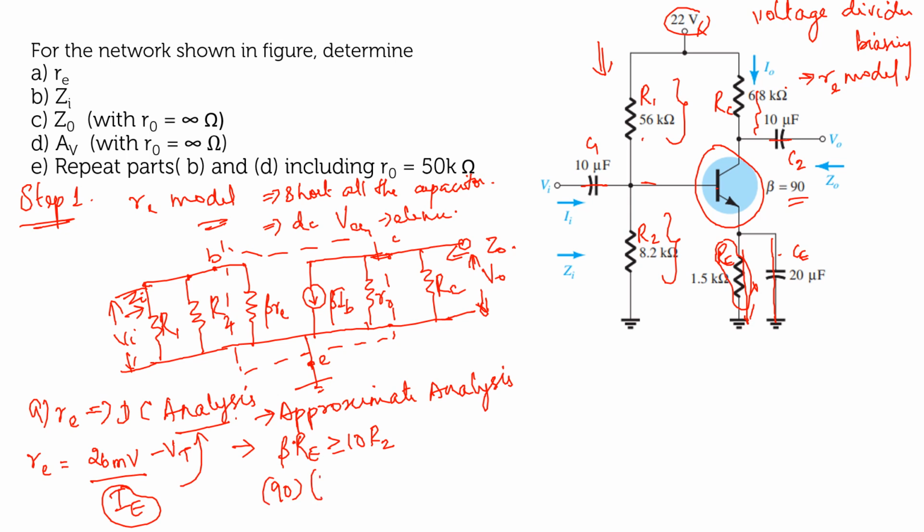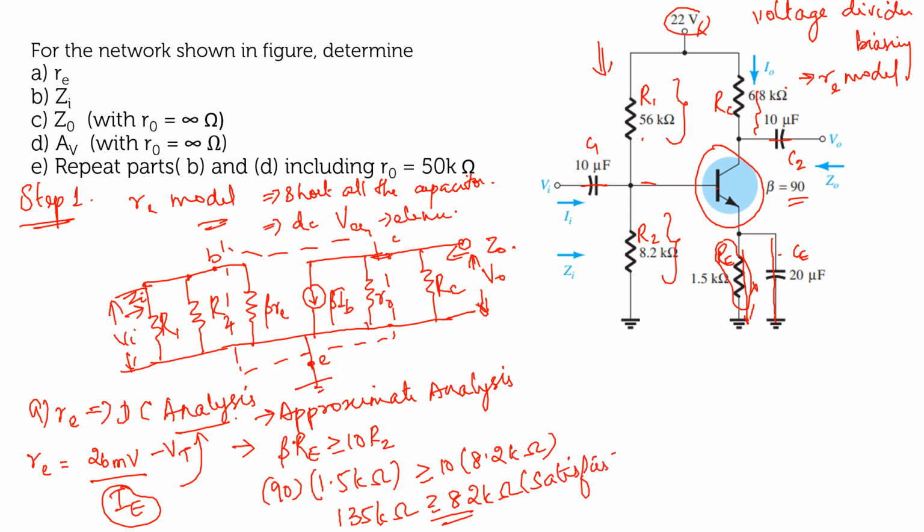RE is equal to 1.5 kilo ohm, which should be greater than or equal to 10 into R2. R2 is equal to 8.2 kilo ohm. So what will you get? 135 kilo ohm should be greater than or equal to 82 kilo ohm. So yes, it satisfies the condition. So you can proceed with the approximate analysis.